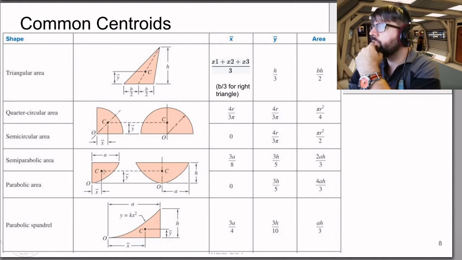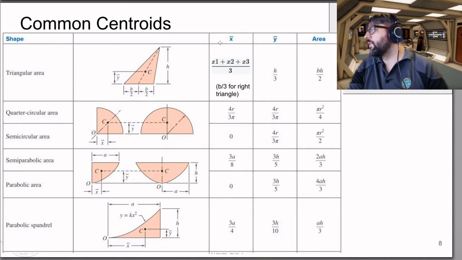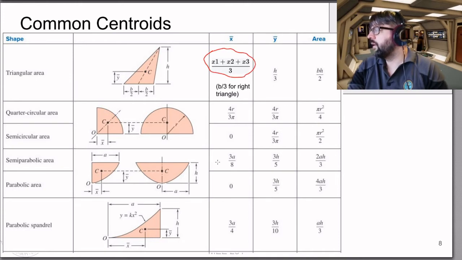Stole this from your textbook, except for one thing I had to add myself. The x location of a triangle is just the average of the locations along the x-axis of each of the corners.